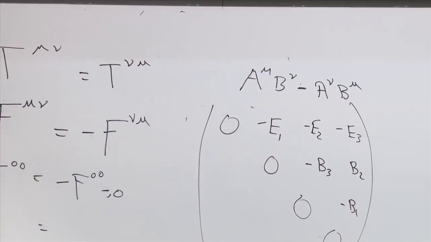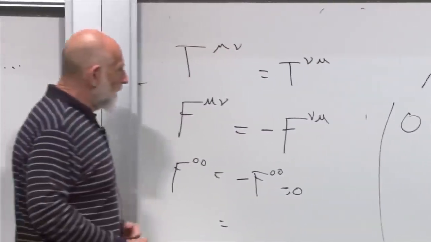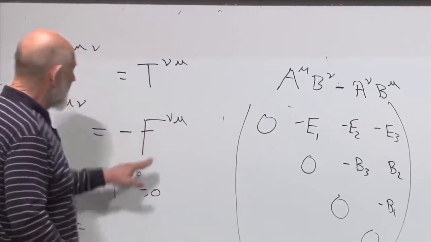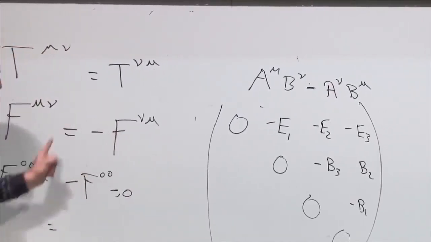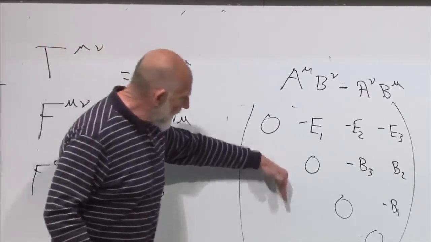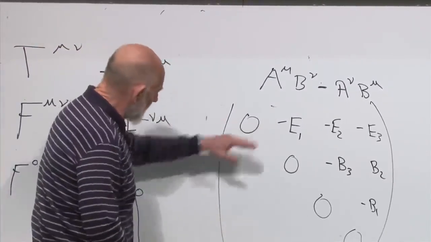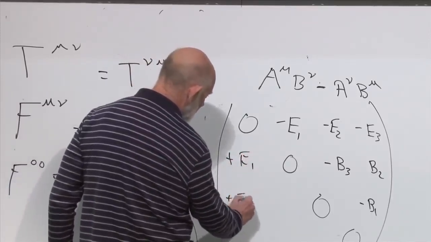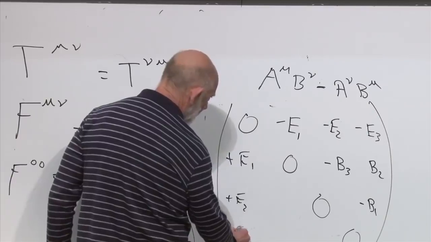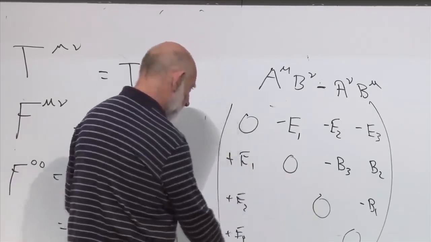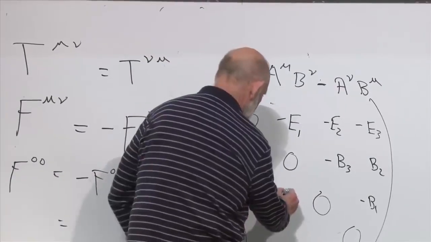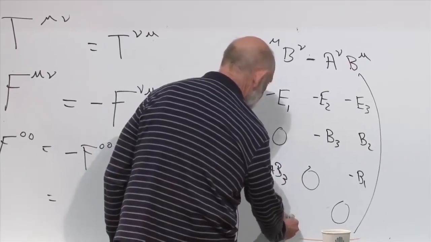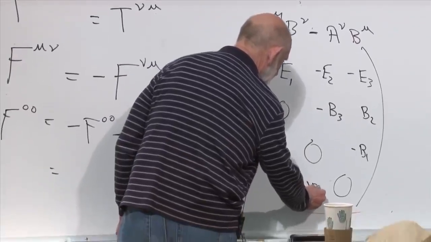Now, what do I put down here? I haven't written all the elements of it. But I'm assuming that this F tensor is antisymmetric. If it's antisymmetric, it means that as a matrix it's antisymmetric. It means down here we put plus E1, plus E2, plus E3. Let's see, there's an element down here which must be plus B3, minus B2, and plus B1.